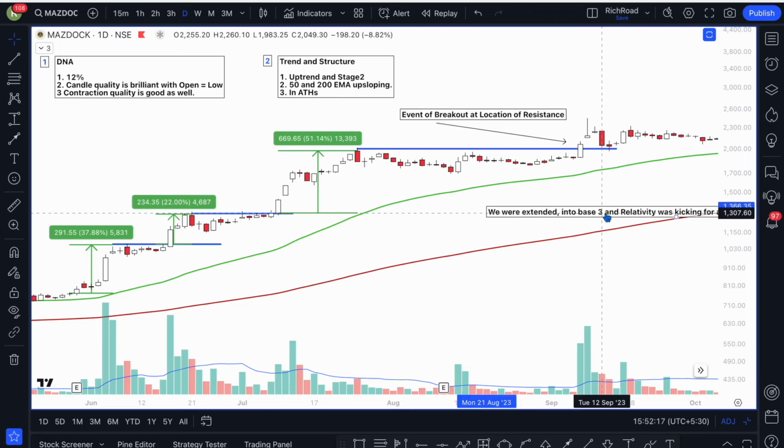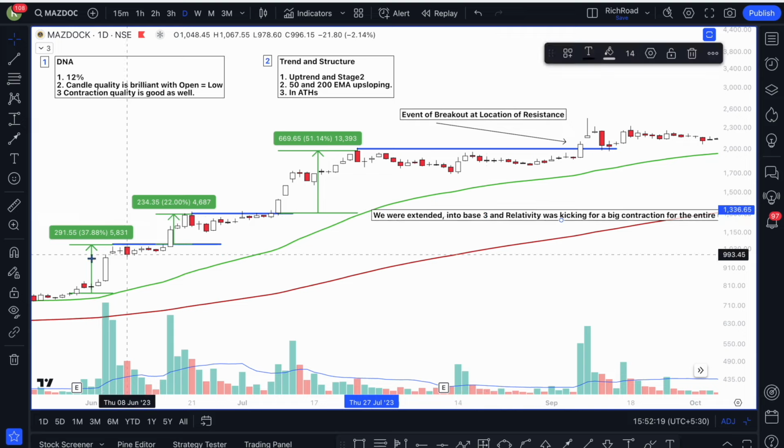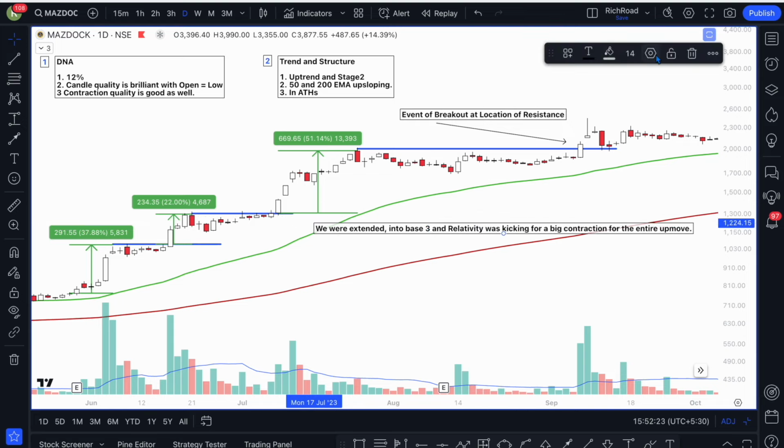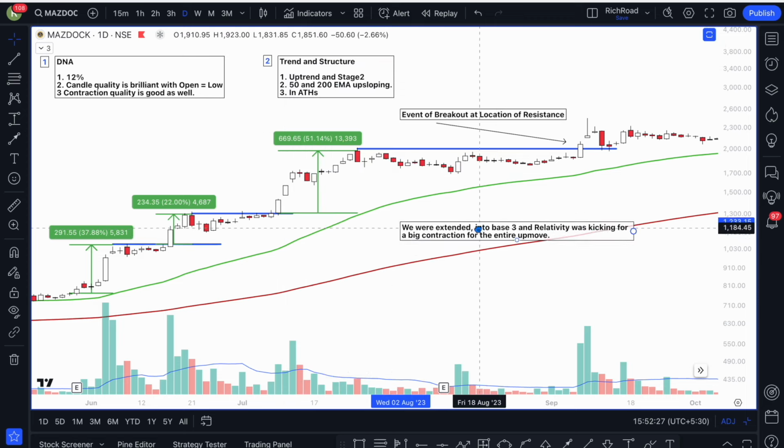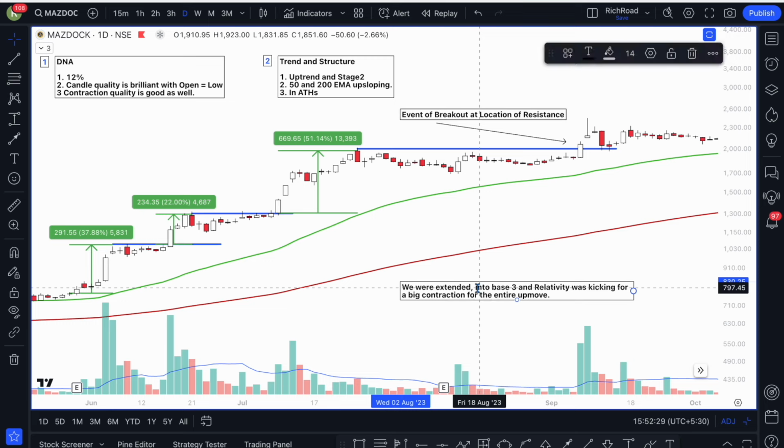And how are we extended? Because you are already into the 220%, right? As I showed it to you, the last up move that happened. So you're going over there and you're trading into the base number 3. You have written that. So clearly tells you that you have to be careful or cautious.